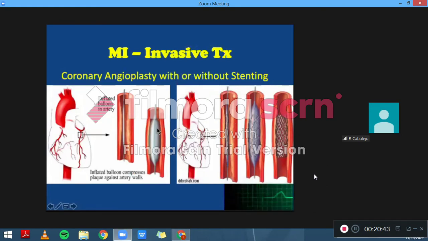And then once the balloon is in place, it will be dilated for a few seconds, several times, until you produce enough vasodilation to reestablish your lumen. Or if the obstruction really is severe, you may add putting in a coronary stent after enough coronary dilation. So this is coronary stenting, and then you leave the stent there forever, through the patient's life.